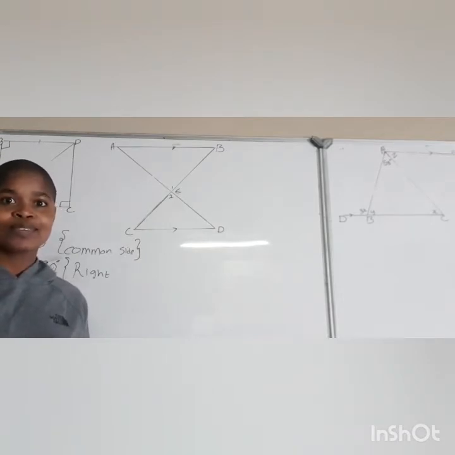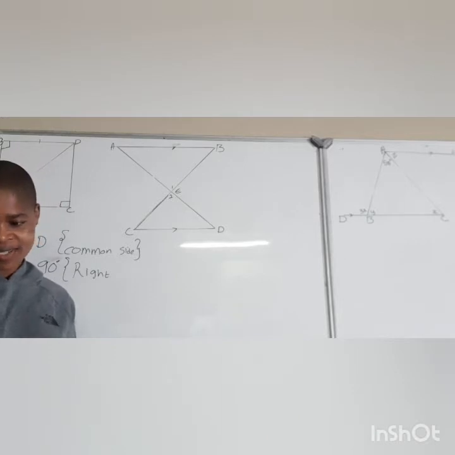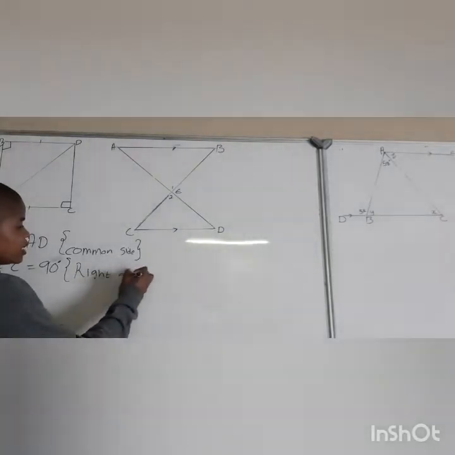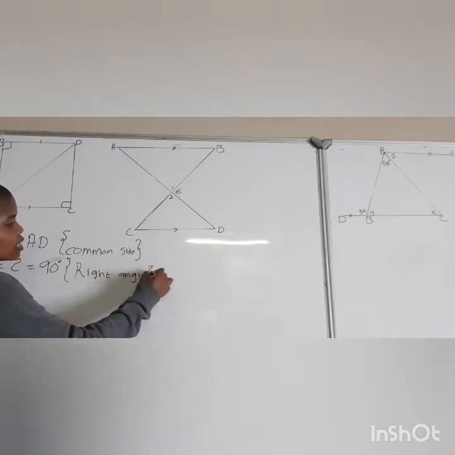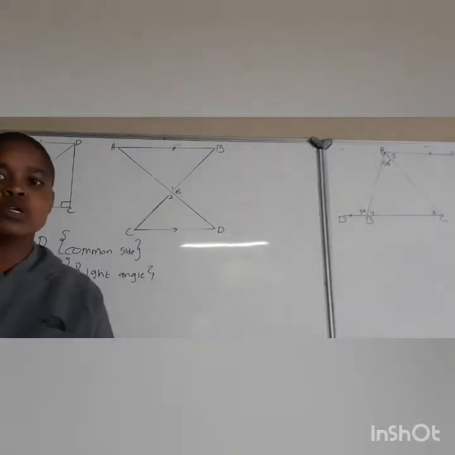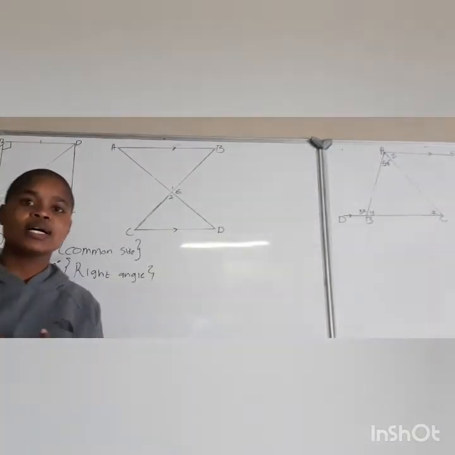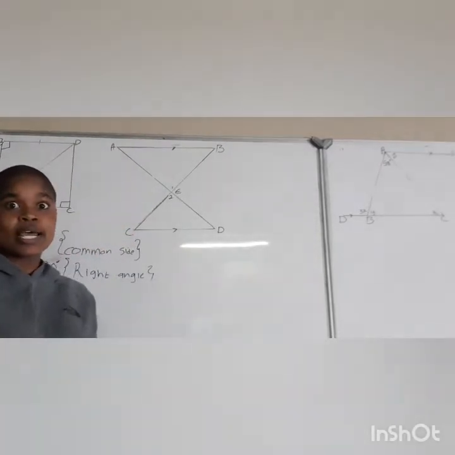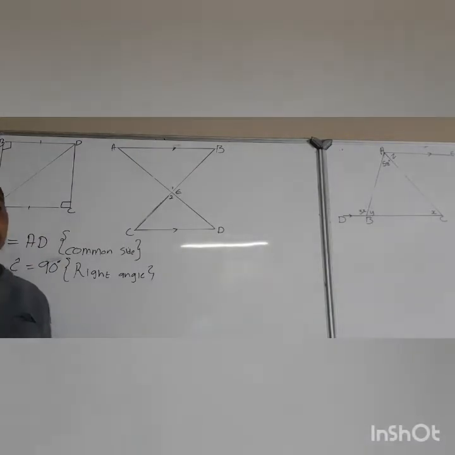I wrote given right angle. I think if you wrote they both equal 90 degrees, or you wrote it is a right angle, or you wrote it is given, you are right because all those reasons are correct.